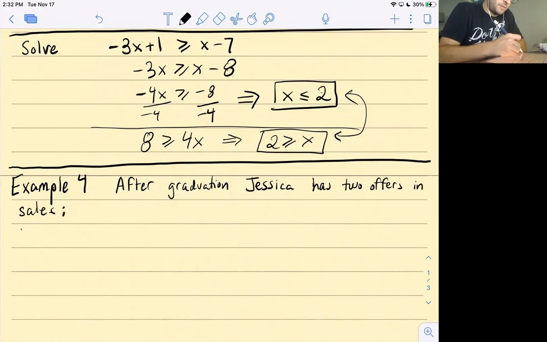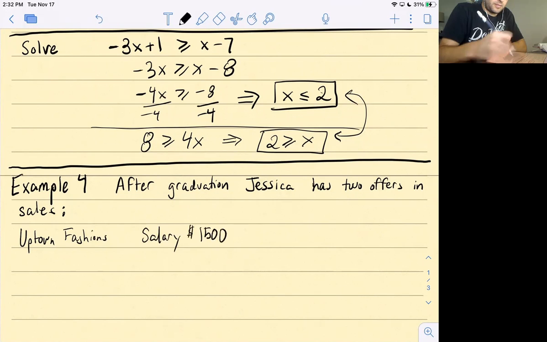So there's Uptown Fashions, which gives you a salary of $1,500 per month, plus 4% of sales.